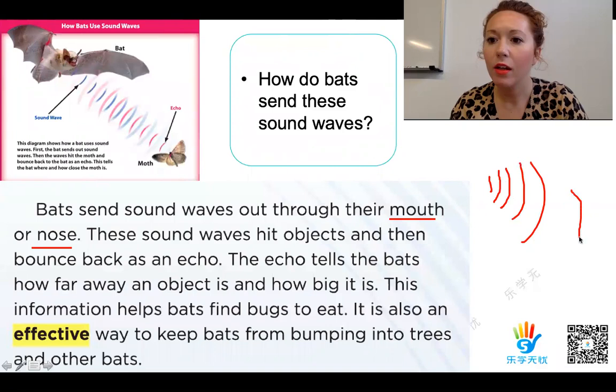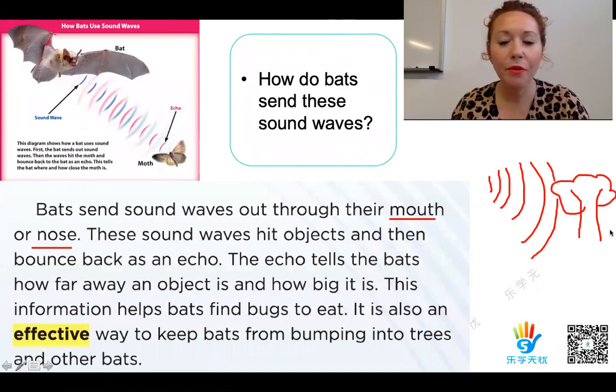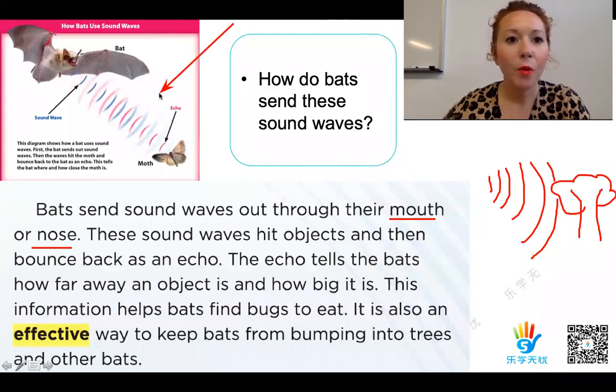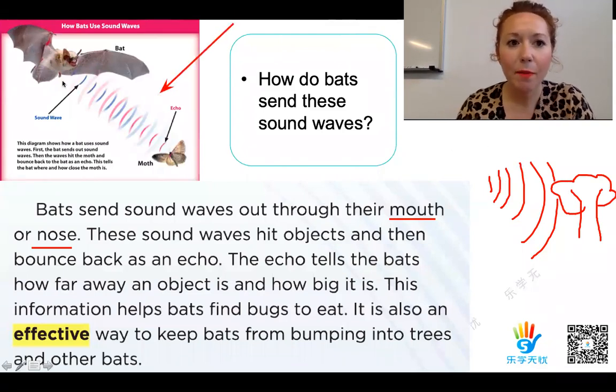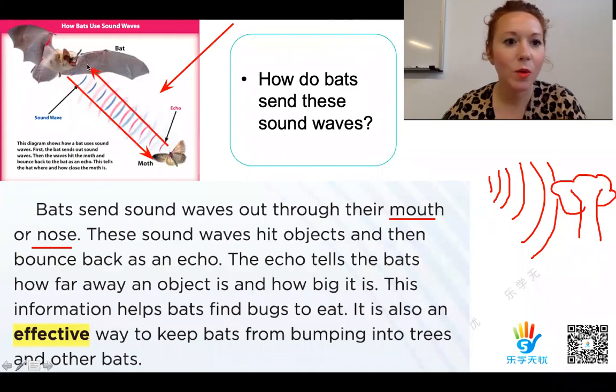Until it hits something, and the bat knows there is something in front. Just like in this diagram right here, we see that the bat can know the moth. It sends out a beam, and then it goes back to the bat.